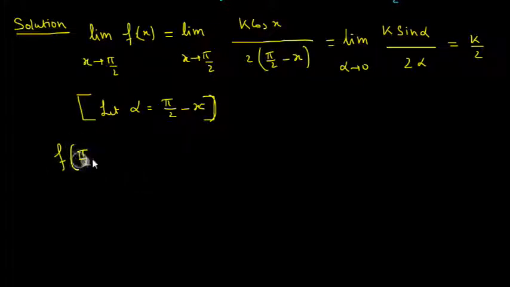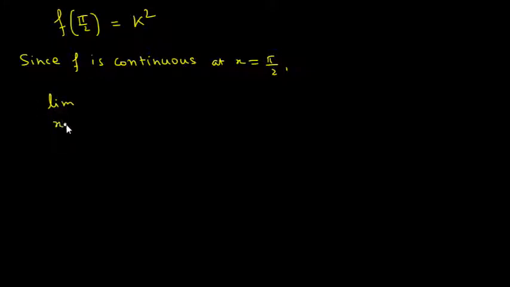f pi by 2 is equal to k square. Since f is continuous, it is given in the question, at x is equal to pi by 2, limit x tends to pi by 2 fx is equal to f pi by 2.